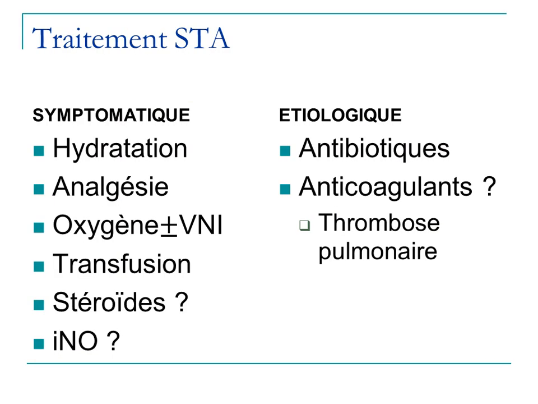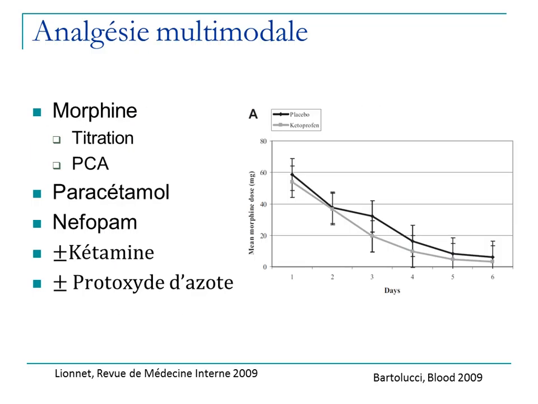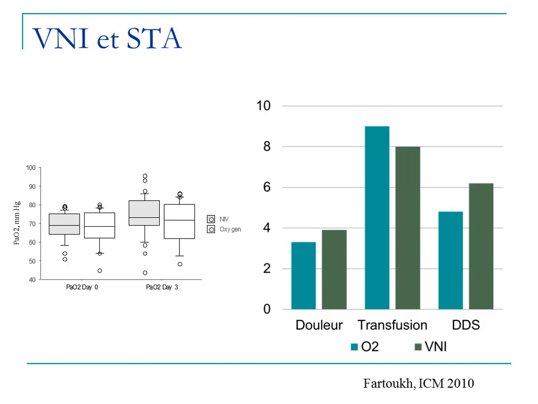You can hydrate, provide painkillers, oxygen, NIV, transfusion, steroids, iNO, antibiotics, anticoagulants in the case of pulmonary thrombosis. Morphine plays a major role in terms of painkillers, with PCA titration. A study has shown that NSAIDs are not interesting here, but this can also be relevant for the ACS.